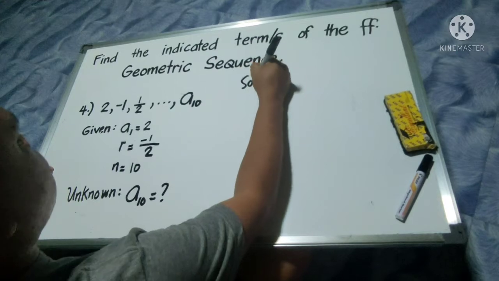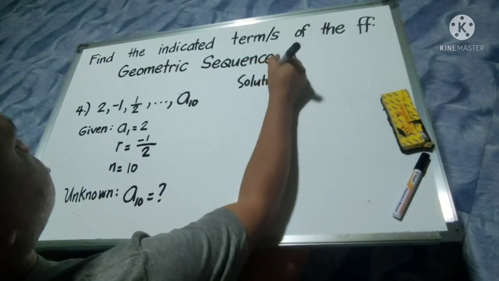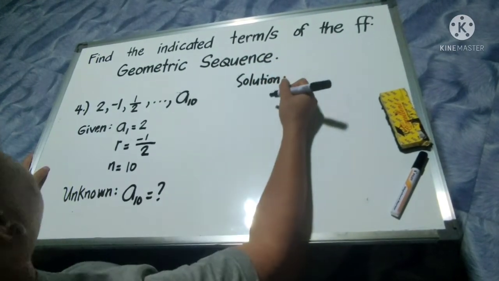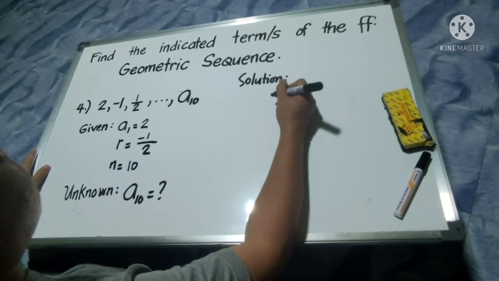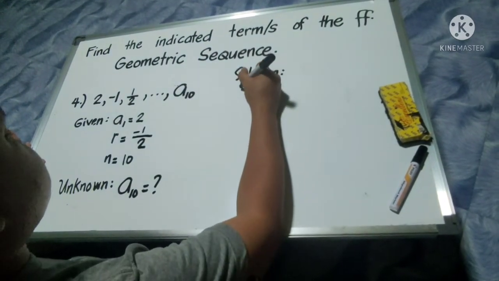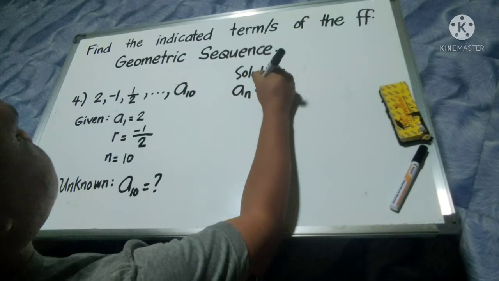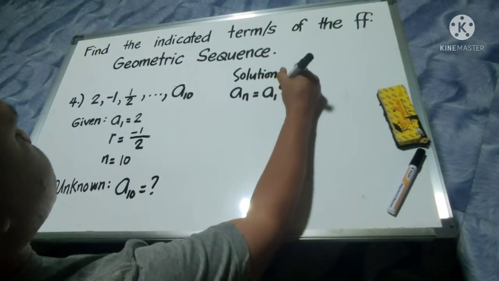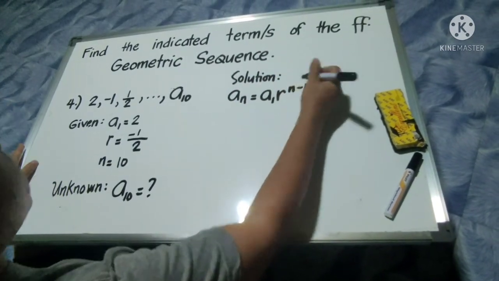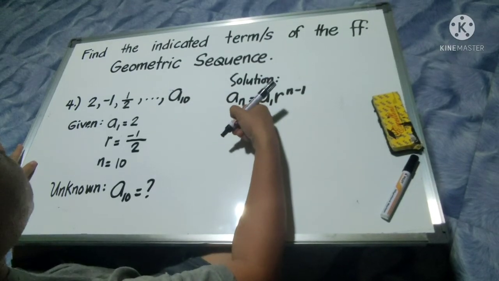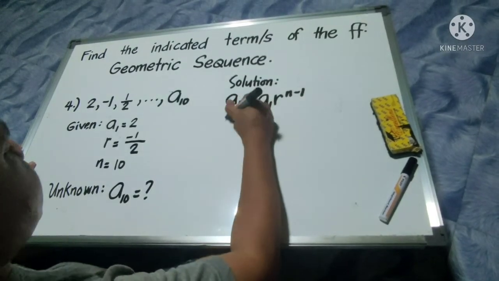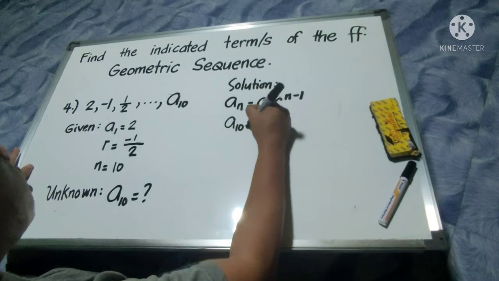So let us now solve. As soon as you're through jotting down the given, proceed to the solution, and of course, start with the formula. A sub n is equal to a sub 1 r to the exponent of n minus 1. And then what is our a sub n? It will be replaced by a sub 10 because it is our nth term.